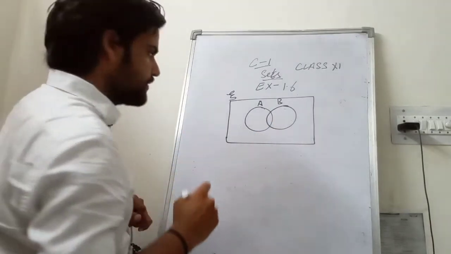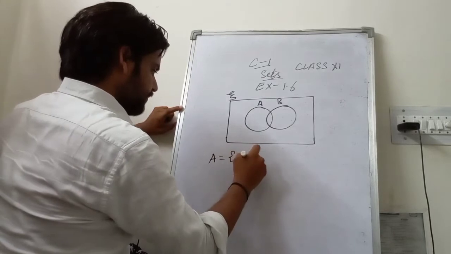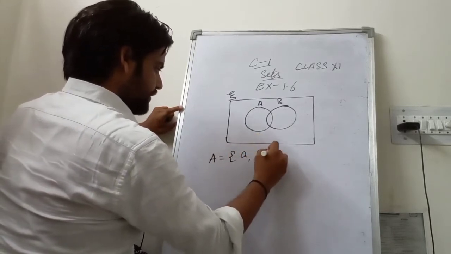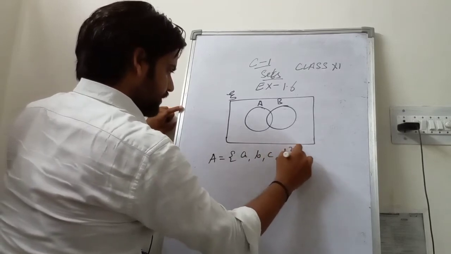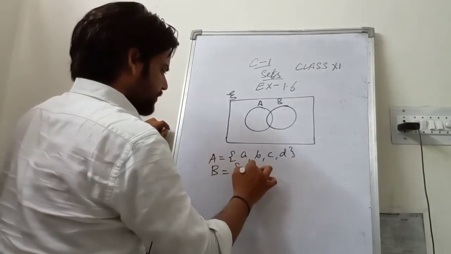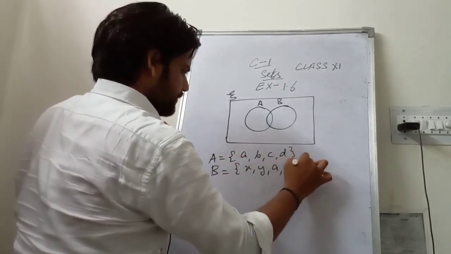Let's say set A is small a, b, c, d, and let's say set B is small x, y, a, b, z.